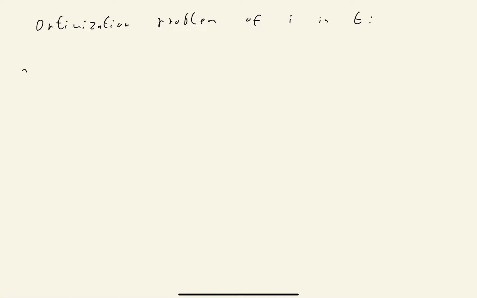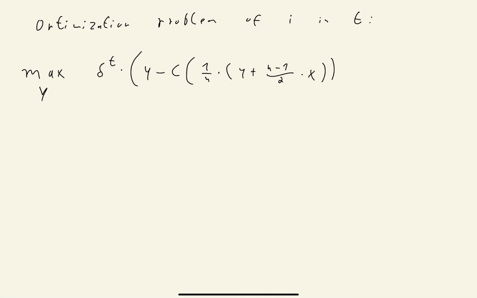He's maximizing with respect to the transfer to himself his utility: delta to the power of t times y minus c times (1 divided by n times y plus (n minus 1) divided by 2 times x).